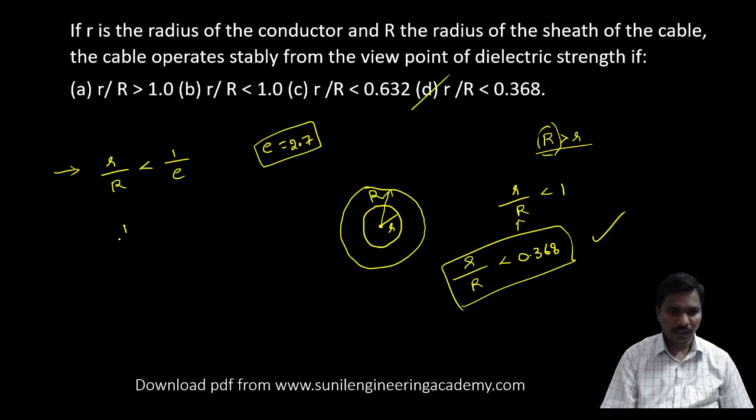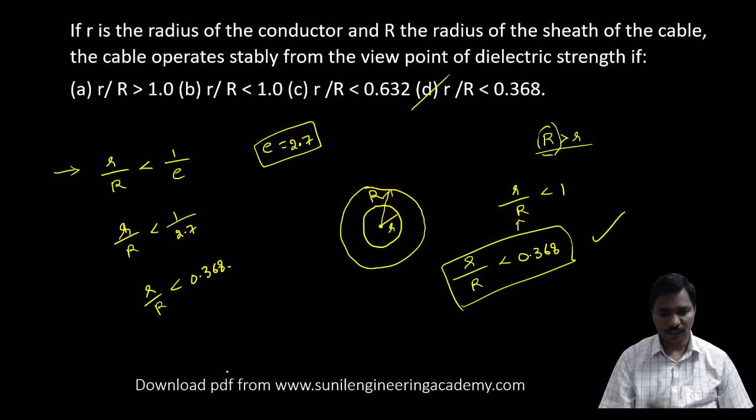If small r by capital R is less than 1 by 2.718, then 1 by 2.7 means 0.368. From this we get the idea that capital R must be greater than or equal to 2.7 times the small r.